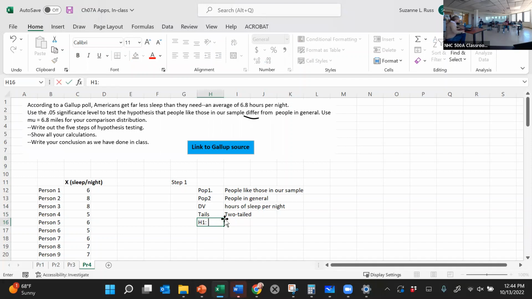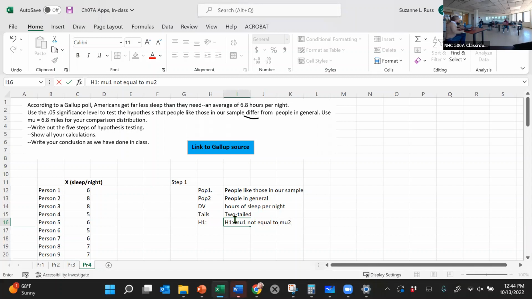H1. I'll write it. H1, this is a little harder to write than a one-tailed because you have to go in and get a symbol for not equal to. So I'm not going to do it. I'm just going to go mu1, and we could write not equal to mu2.